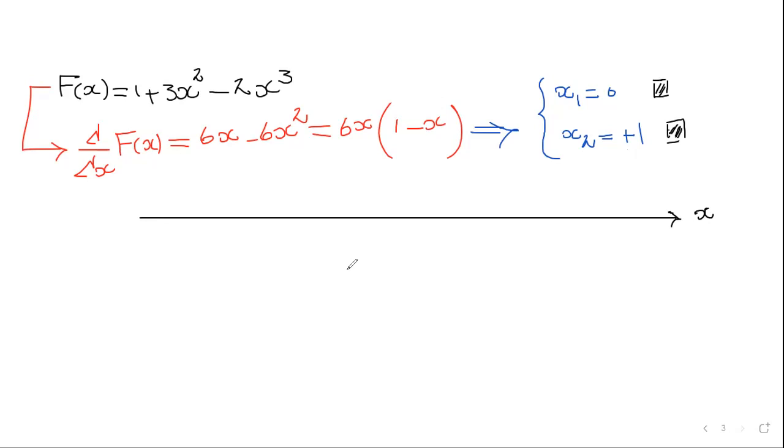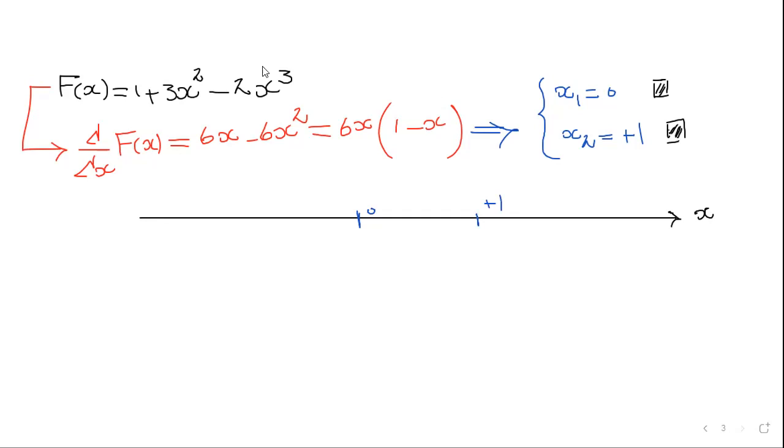Look at this. The first thing which I'm doing for the sign table is to draw an x-axis. The second step is to indicate those two critical values, or as many critical values as you find in the previous step, on the x-axis. I found two critical values. The first critical value was 0. The other one was plus 1.